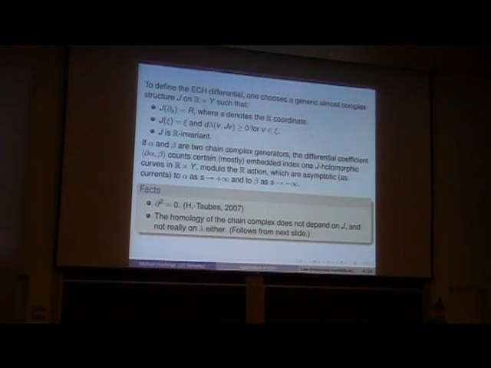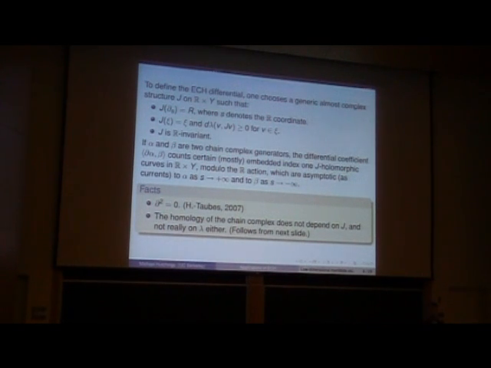It also forces them to be embedded in R cross Y, except you can have multiple covers of R-invariant cylinders. So that's why it's called embedded contact homology. Since these live in one-dimensional moduli spaces, after you quotient out by R translation, you get a discrete set of points, which turns out to be finite, and the differential counts these.